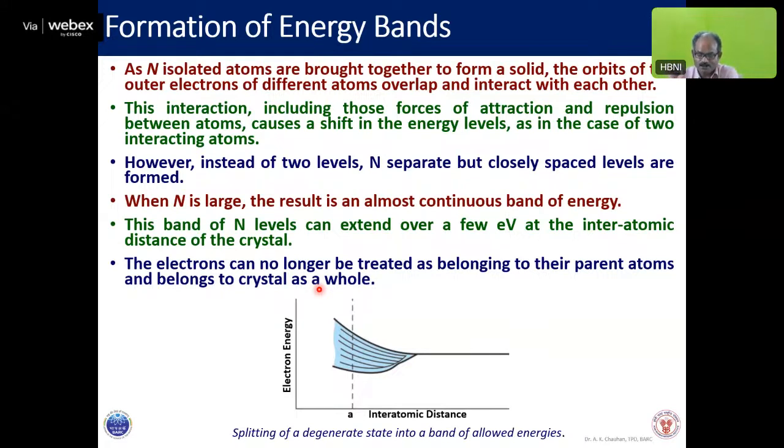the energy levels for those outer electrons will form a band, and every electron of the entire lattice or crystal can take any of those energies, but not the same one. They will be different, though the difference is very, very small, but they are definitely different.